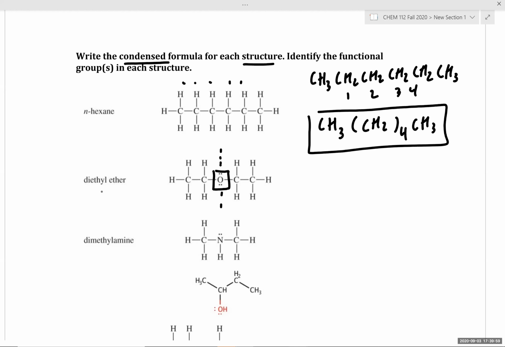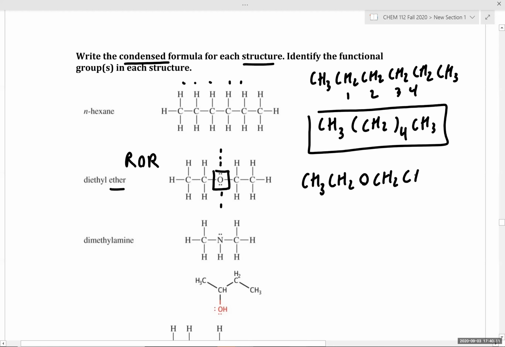This functionality is known as an ether, this ROR functionality. So for a generic ether, we'd write out our formula like so. We have CH3, CH2, O, CH2, CH3.